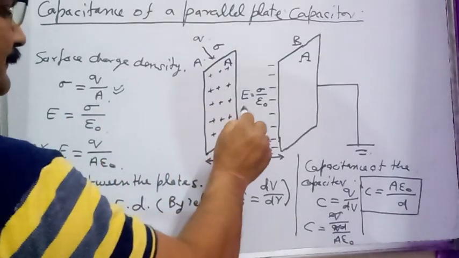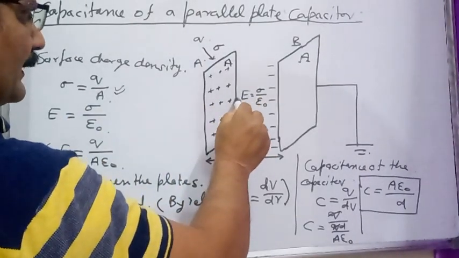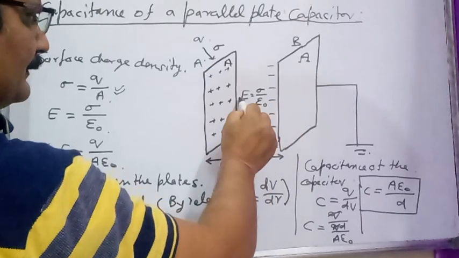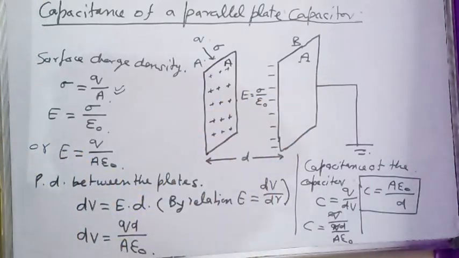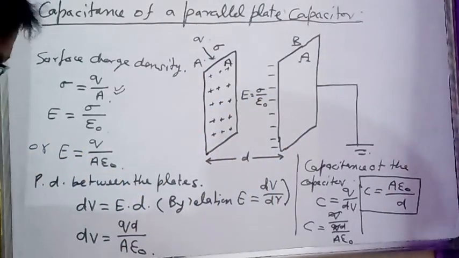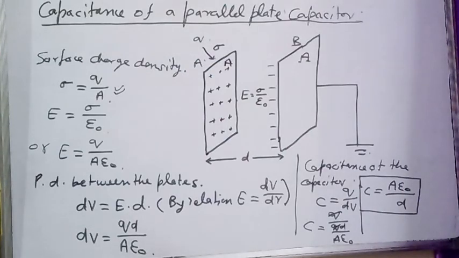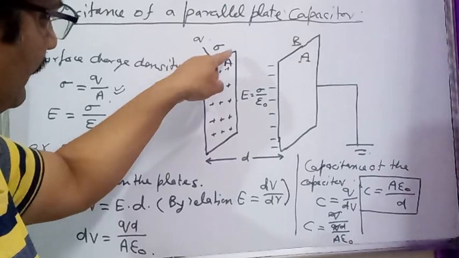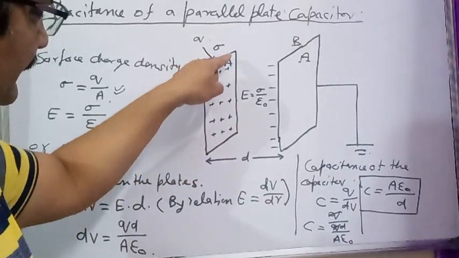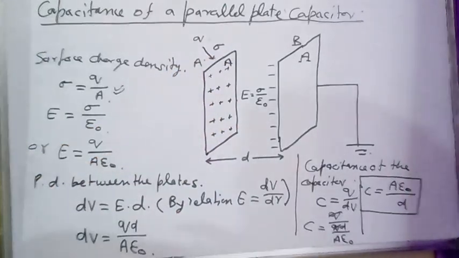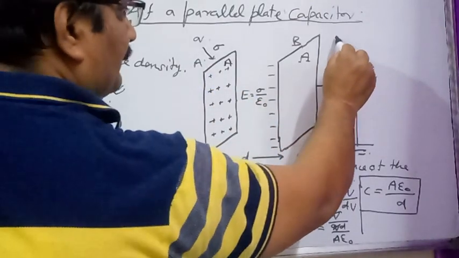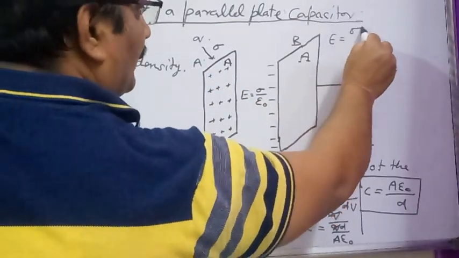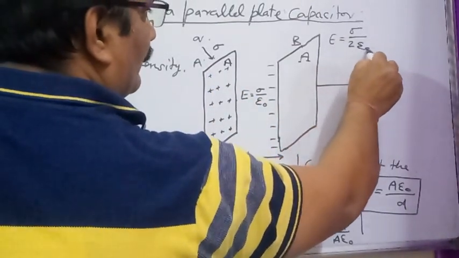Now what can be the value of the electric field at a point in between the plates of the capacitor? In the application of Gauss theorem, students, you have seen that in the presence of a single charged plane sheet, the value of the electric field in the nearby space is given by E equals sigma divided by 2 epsilon naught.